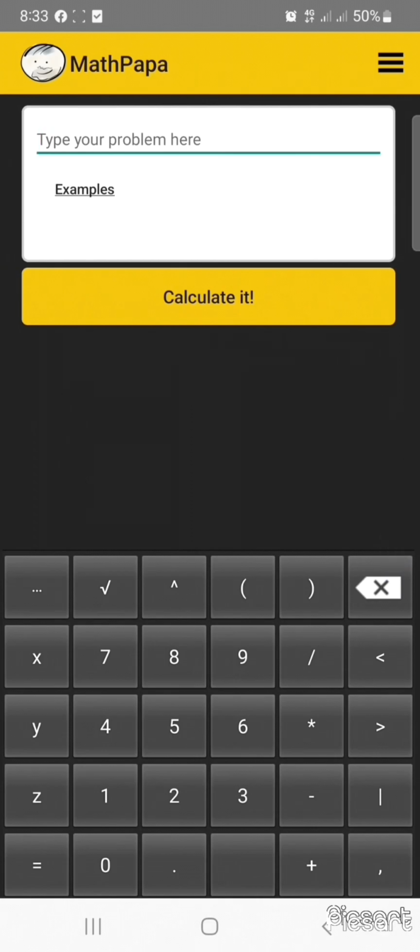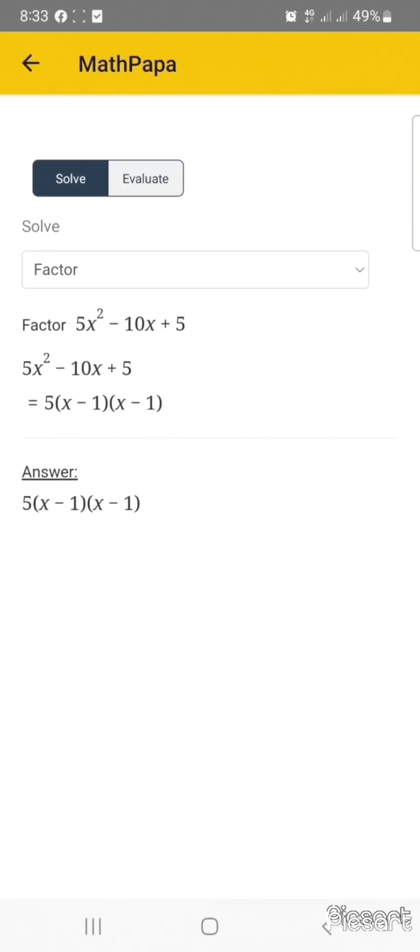What if we have this quadratic polynomial, 5x raised to the power of 2 minus 10x plus 5. We can actually factor this quadratic polynomial by just simply clicking calculate.